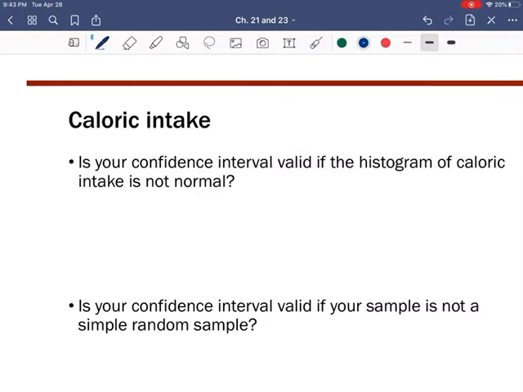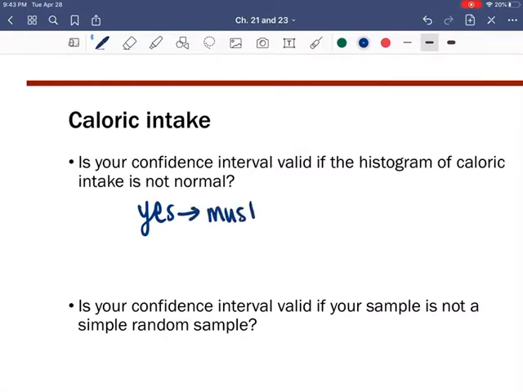Okay. This question: is your confidence interval valid if the histogram of caloric intake is not normal? The answer to that is yes, because the sample done over and over will be normal. And so it doesn't matter so much what the histogram is.